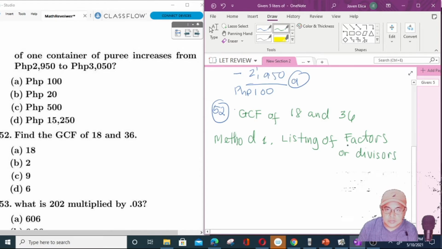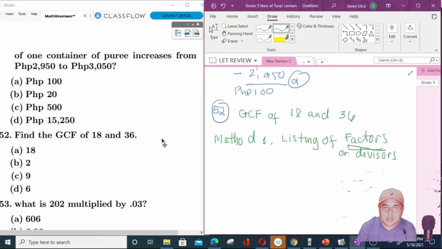When we say factors, these are numbers that, if you multiply them, produce the product of a given number.